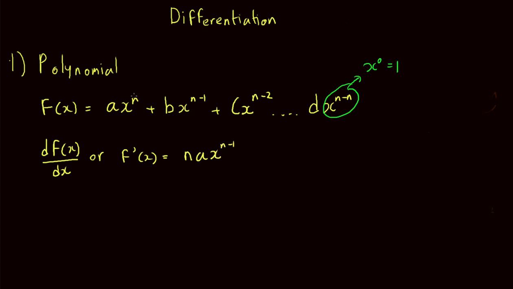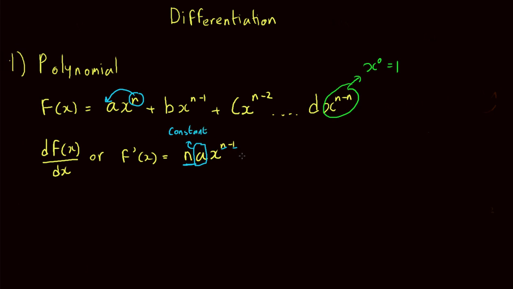So what we did here is we took the n and brought it down to the front, and we subtracted 1 from the power. And a is a constant, so it is not affected at all, so we leave it as it is.